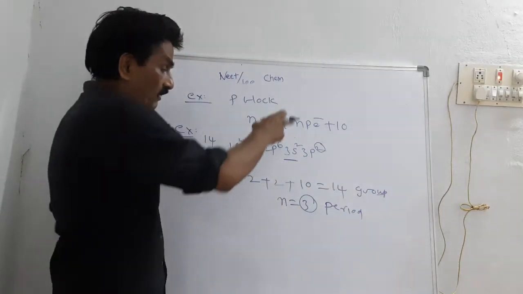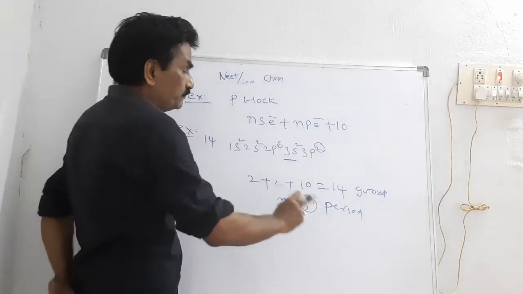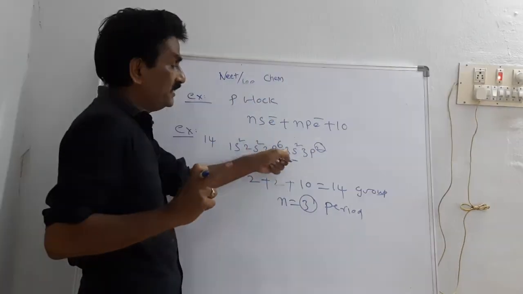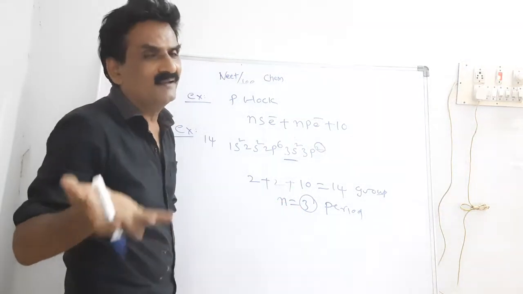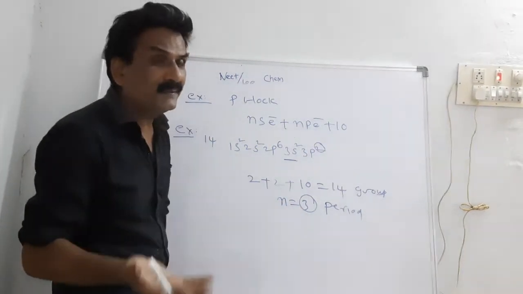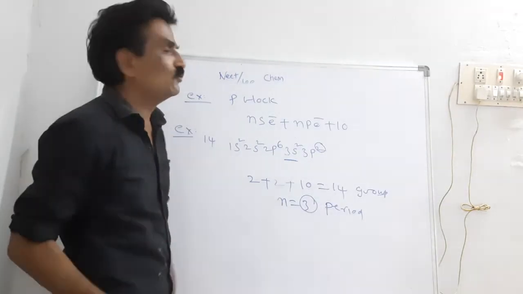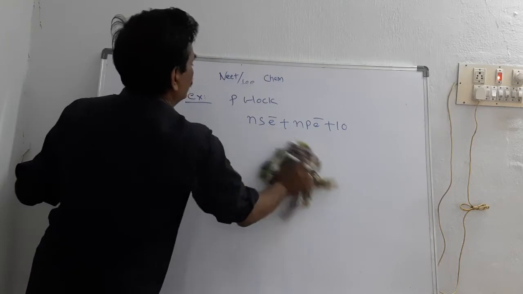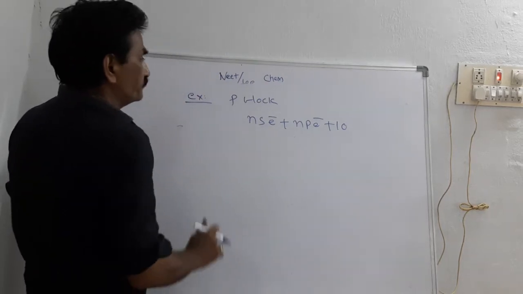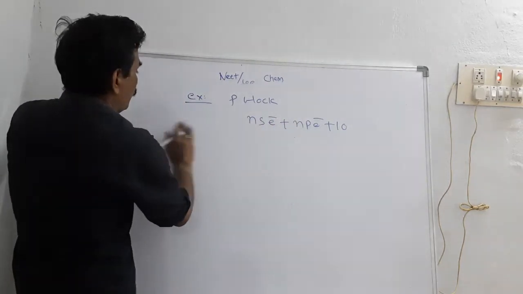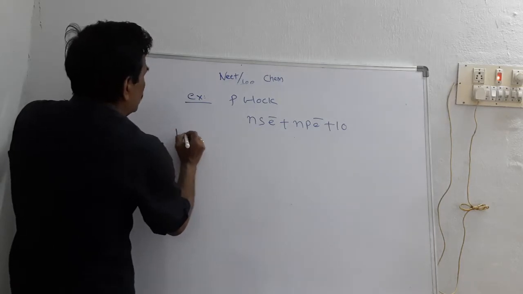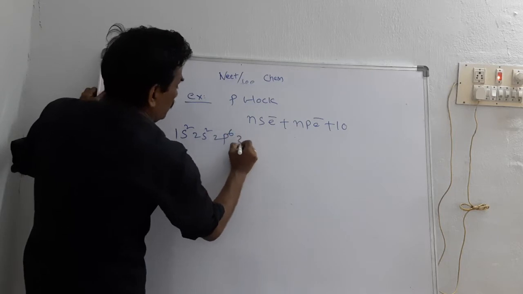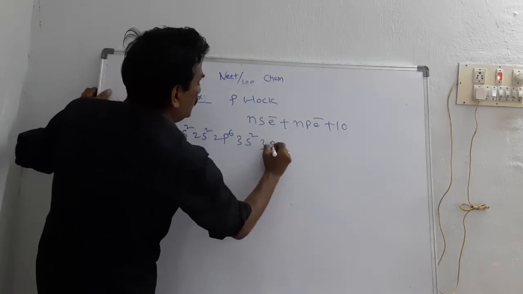What is the period? The principal quantum number, how much? Maximum 3. So 3 belongs to the third period, and the group is the 14th group. Another example: 1s2, 2s2, 2p6, 3s2, 3p3.